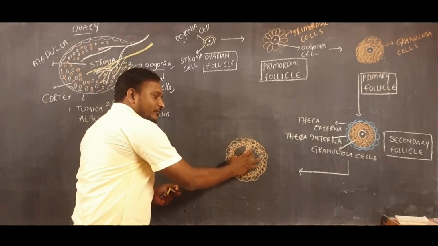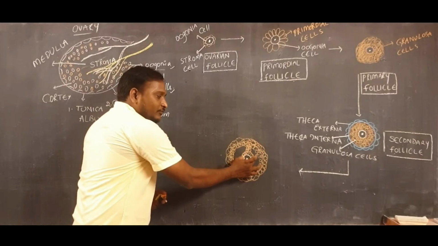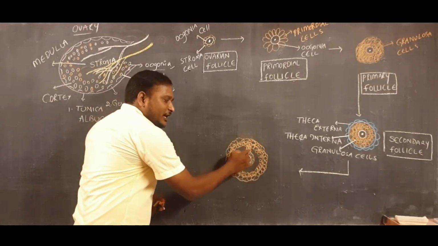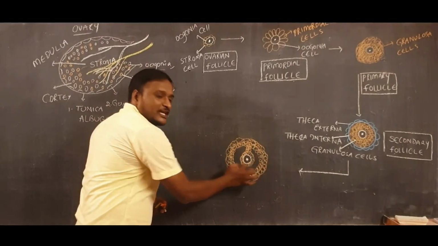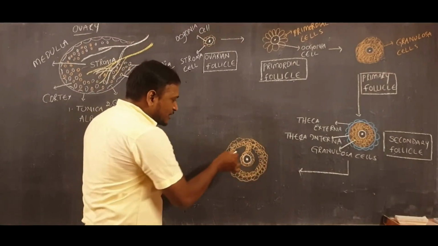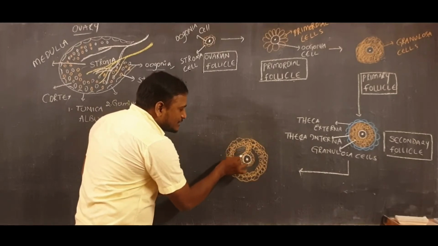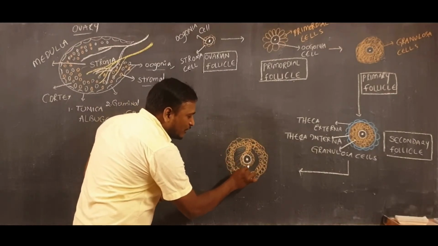Now see this one. Oogonia cell or female gamete, around the side there are granulosa cells, but they formed some empty space. Some empty space is present here. This one. And this empty space is also called antrum.